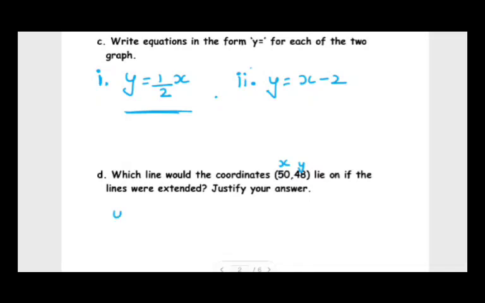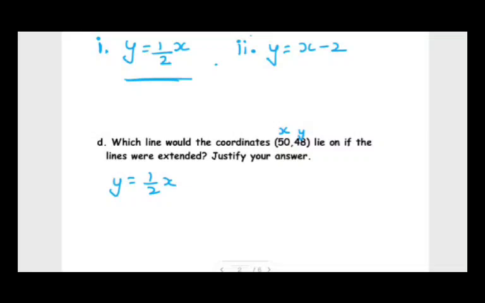If I take y is equal to half x, for x I'm going to write 50; half of 50 is 25, so y is equal to 25, but here we have y is equal to 48. So the first one cannot have these coordinates, correct?